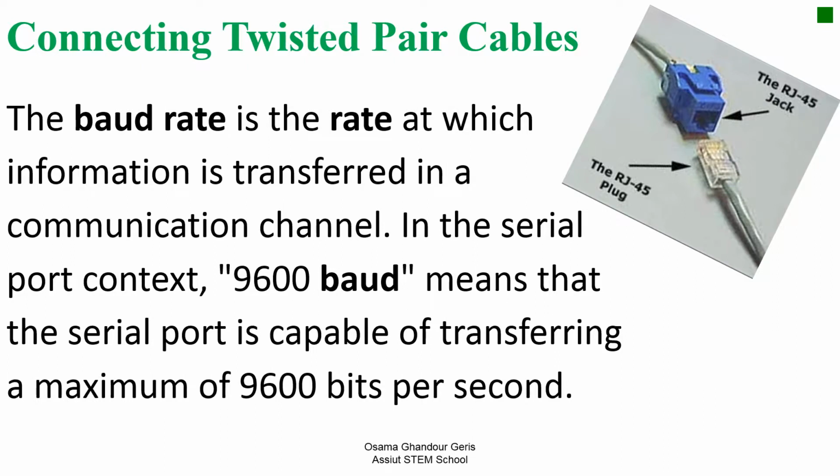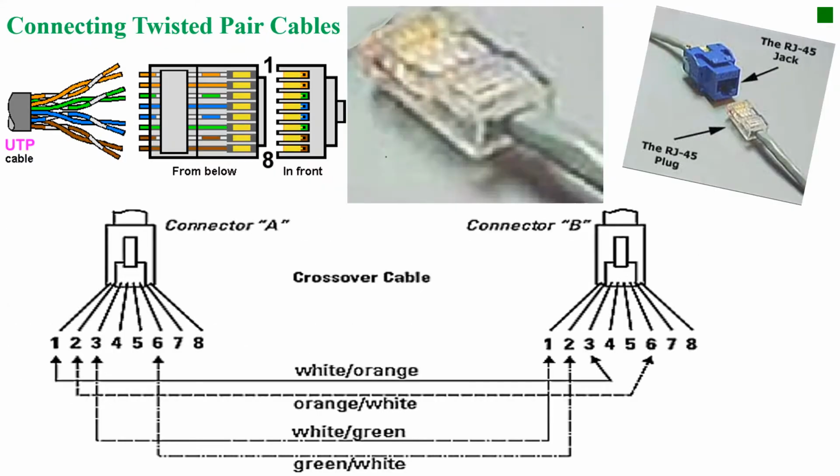The baud rate is the rate at which information is transferred in a communication channel, in the serial port context. For example, 9600 baud means that the serial port is capable of transferring a maximum of 9600 bits per second. This is the speed of transmission of the bits through the line.